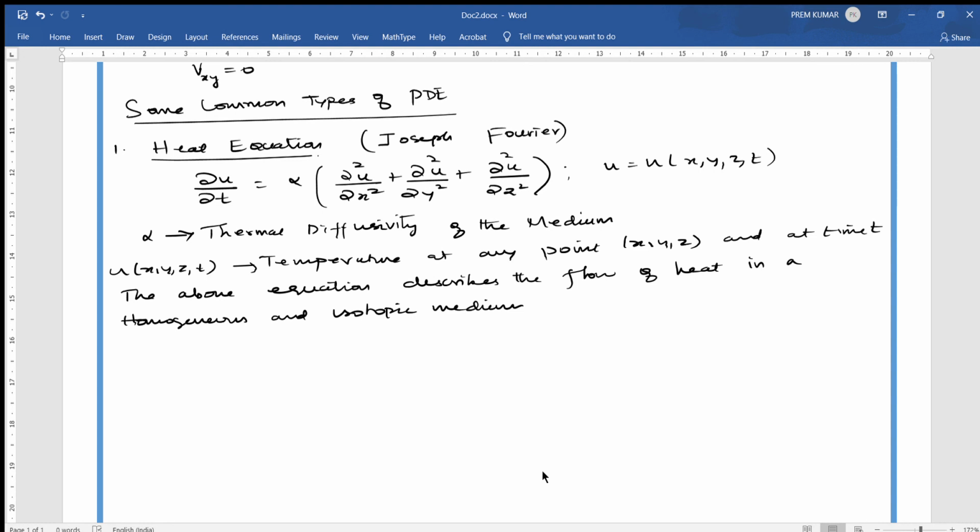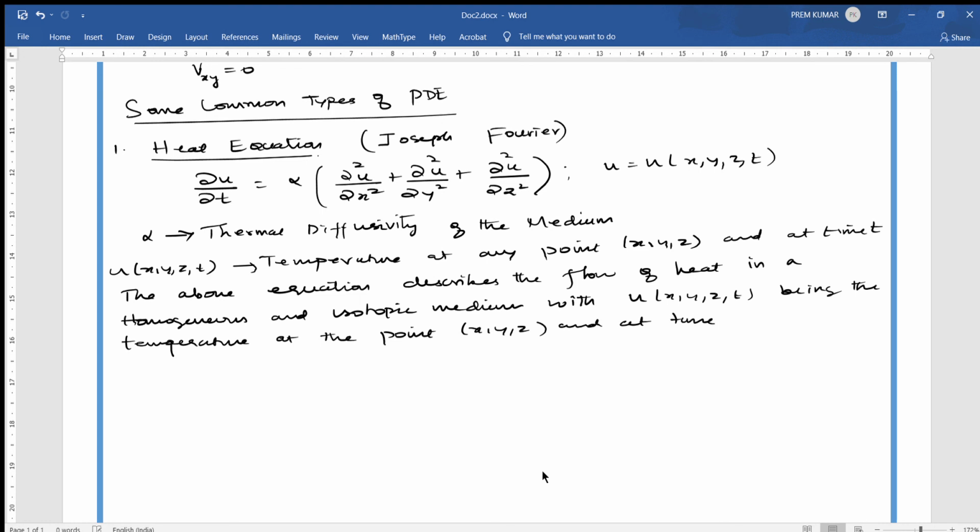These are the restrictions for this heat equation: it should be a homogeneous medium, with u(x, y, z, t) being the temperature at the point x, y, z and at time t.